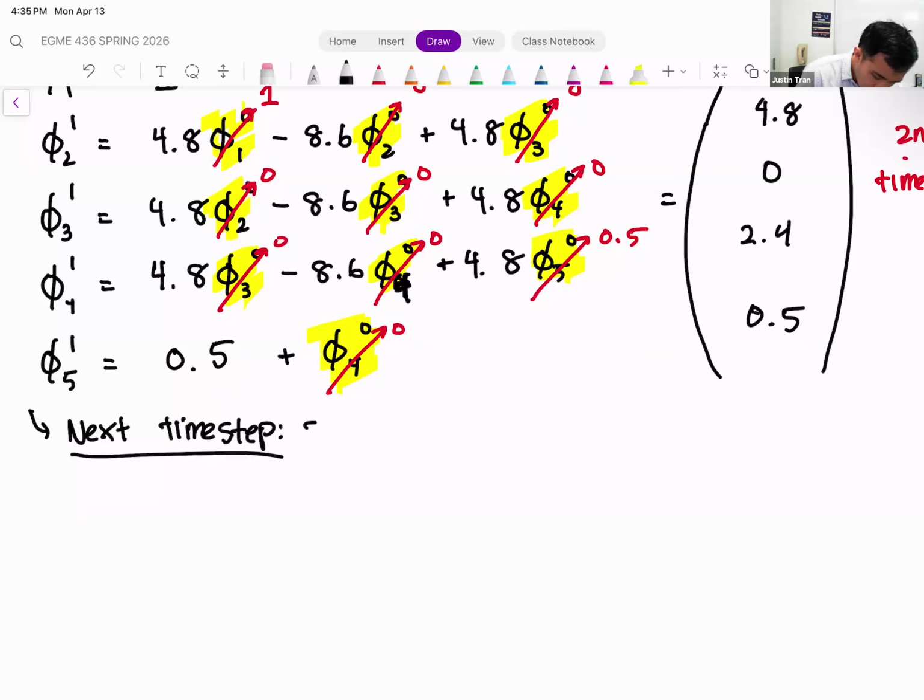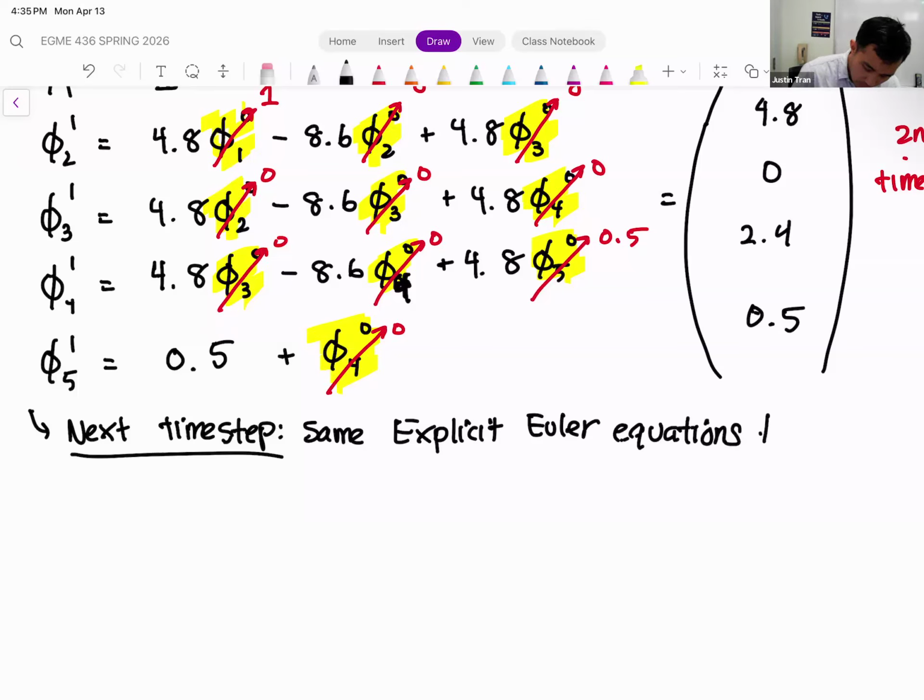Okay. So we have the same explicit Euler equations, but the values for phi are going to be updated.